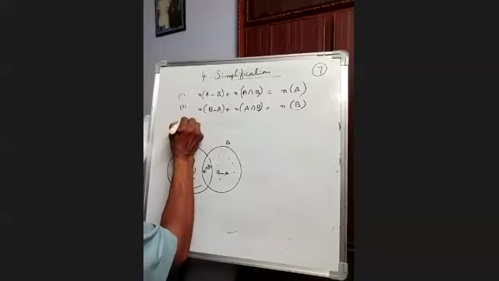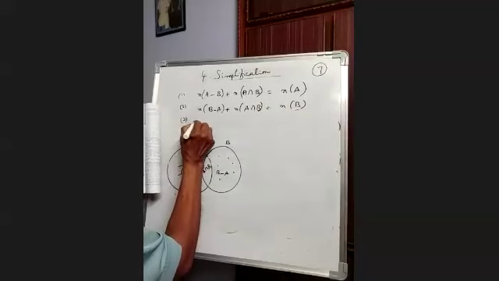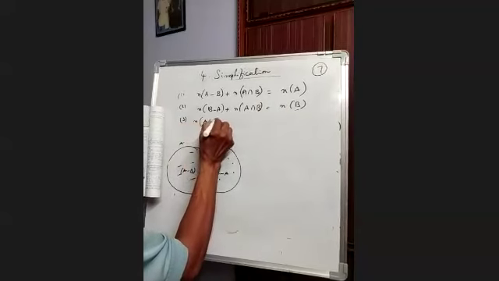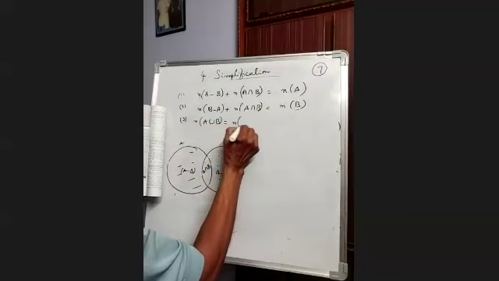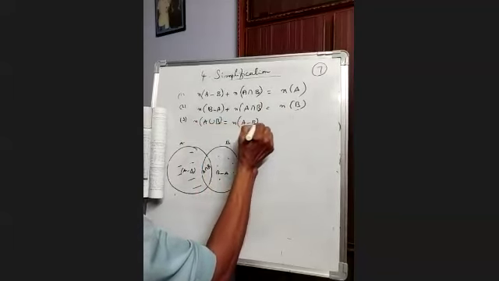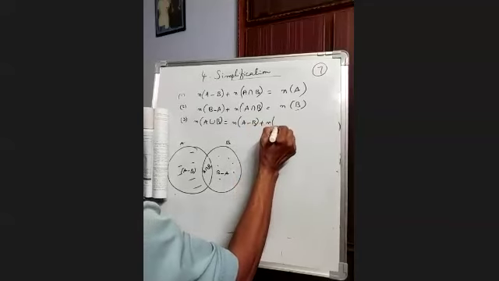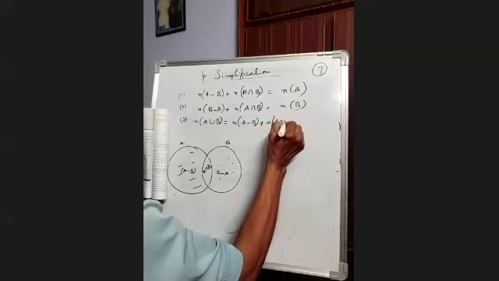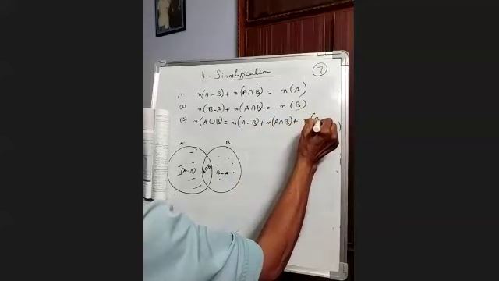Third formula: n(A union B) is n(A minus B) plus n(A intersection B) plus n(B minus A).